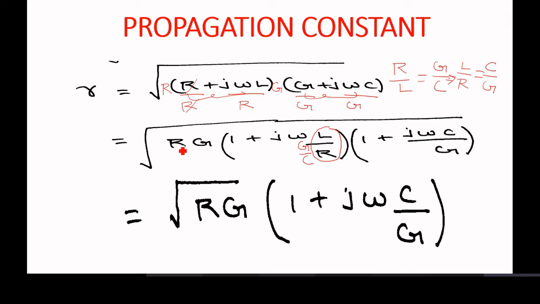That's why I have written square root of RG as it is, and 1 plus j omega C by G.